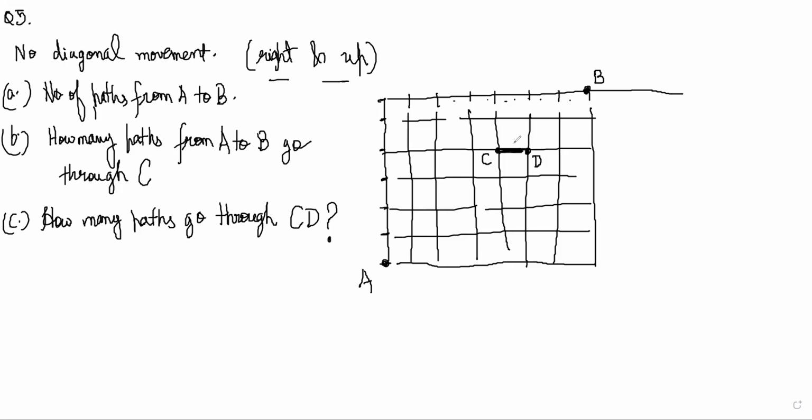And both of them have to be done. So that's why. What is the idea then? How are you getting 13 factorial by 7 factorial 6 factorial?